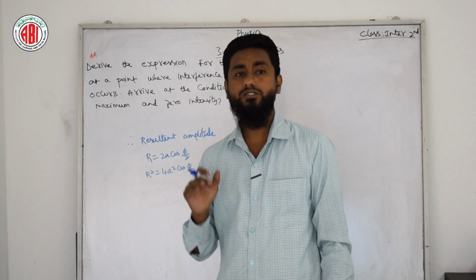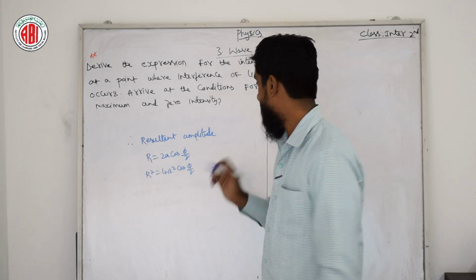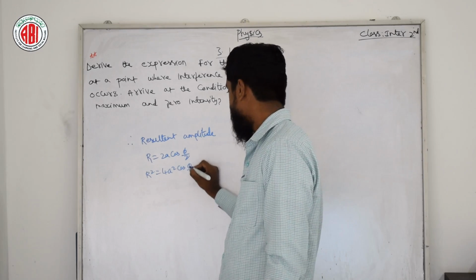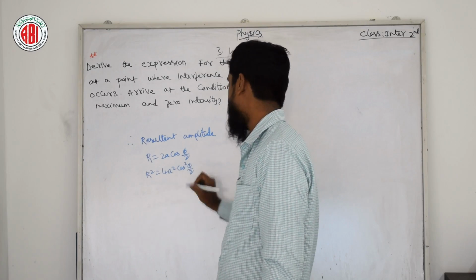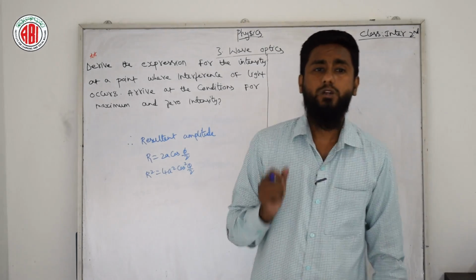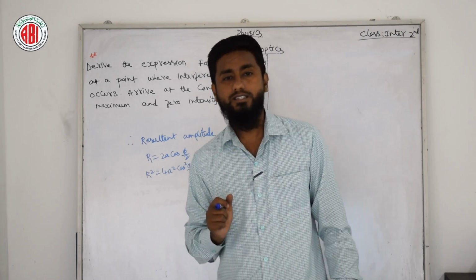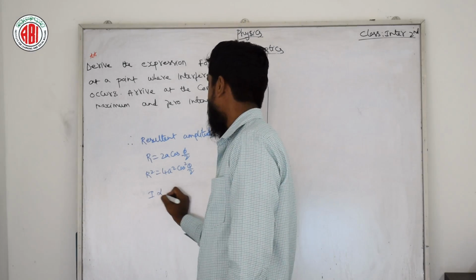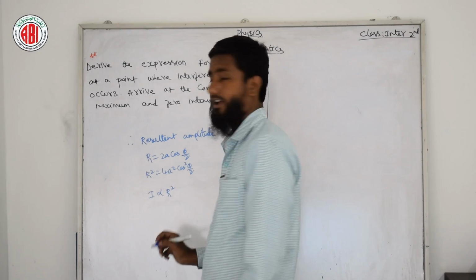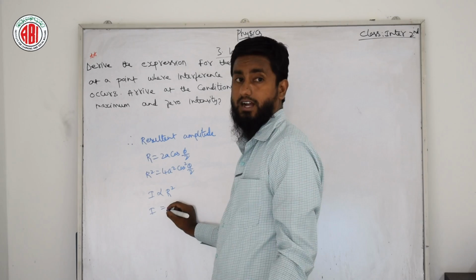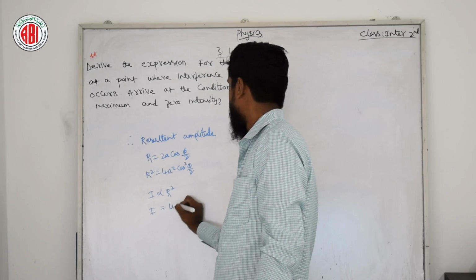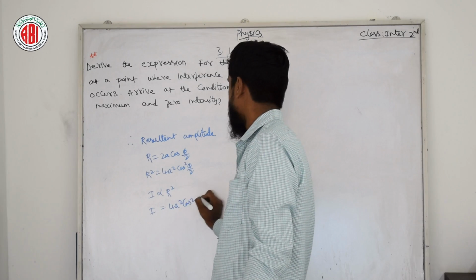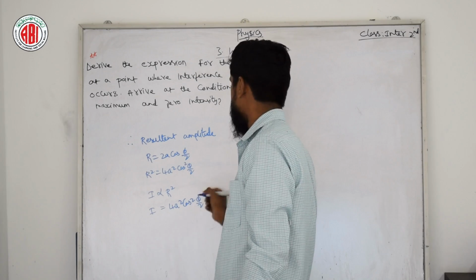Cos phi by 2 is a single term, so we write cos square phi by 2. It is known that intensity is directly proportional to the square of amplitude, so I is directly proportional to R square. So I is equal to 4a square cos square phi by 2.